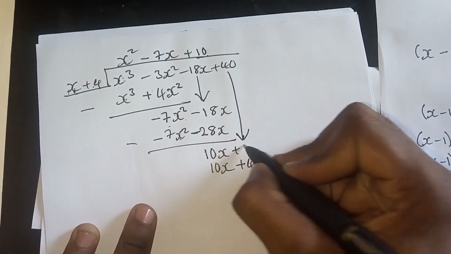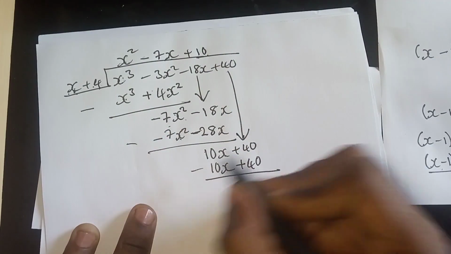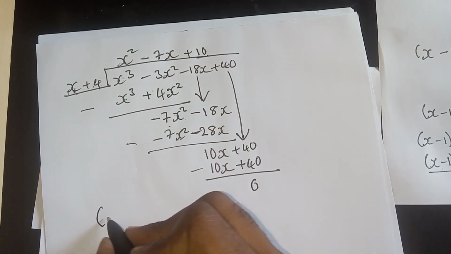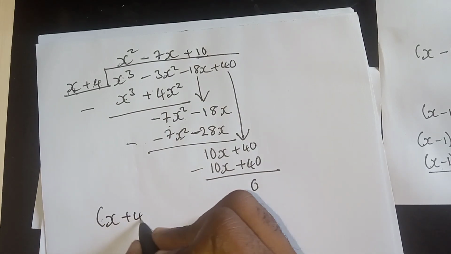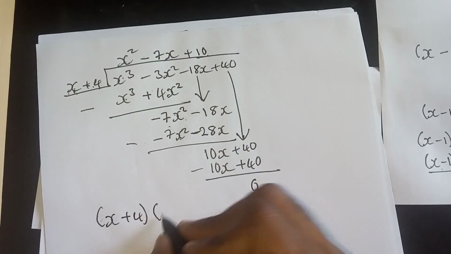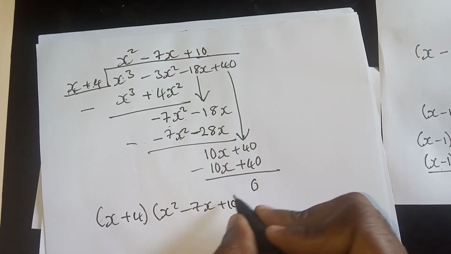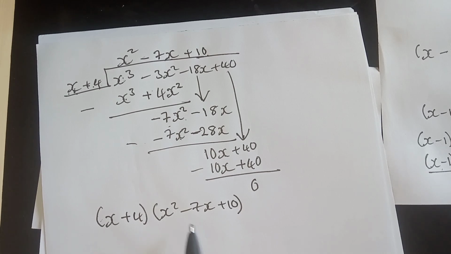Then you bring the 40 down and subtract, so you get a 0. As you can see, this is giving us this times this plus the remainder, which is 0. So now you can easily factorize this using what we did in the other video.